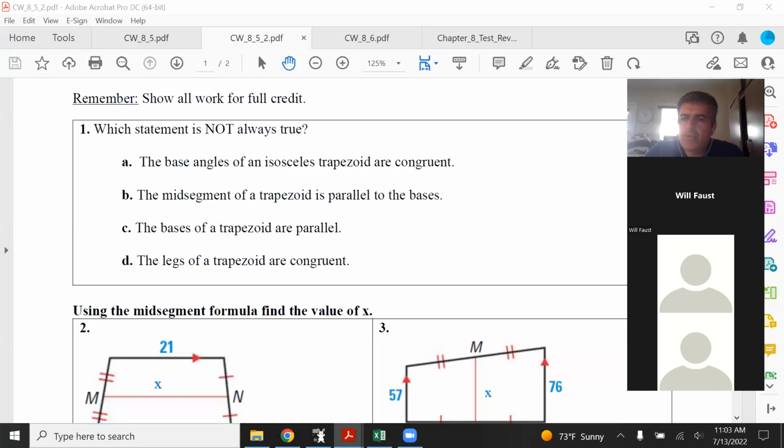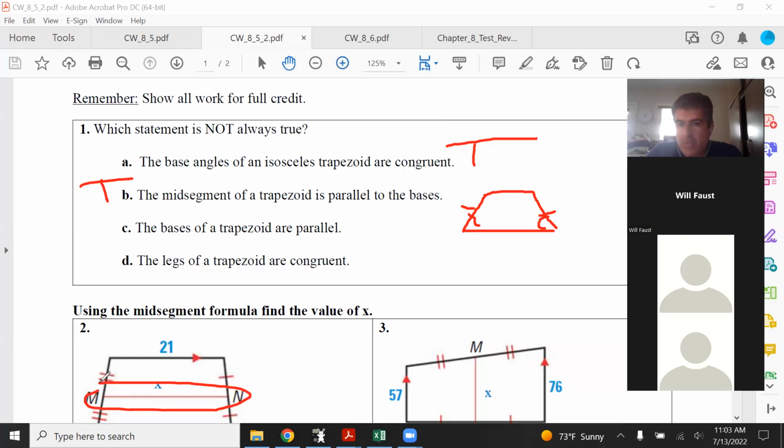So the base angles of an isosceles trapezoid are congruent. That is true. That's always true. Remember, here's an isosceles trapezoid. These sides are the same. Those angles will be the same. The mid-segment of a trapezoid is parallel to the bases. That's always true as well. They'll always be parallel. That's why it's half.